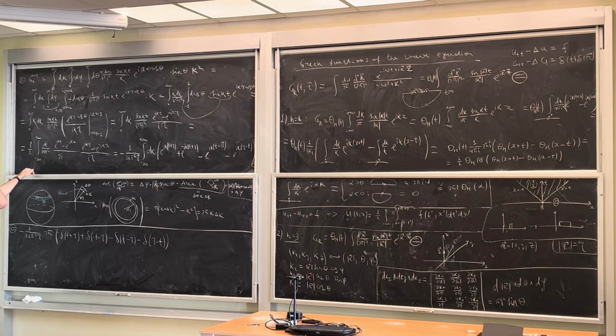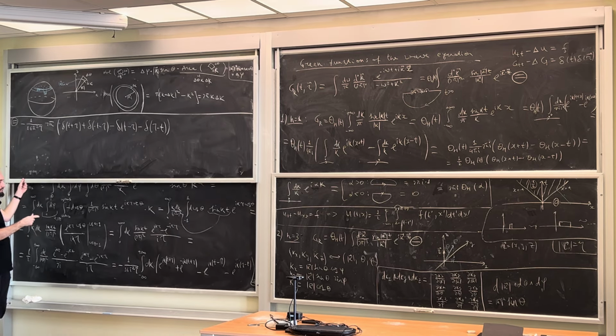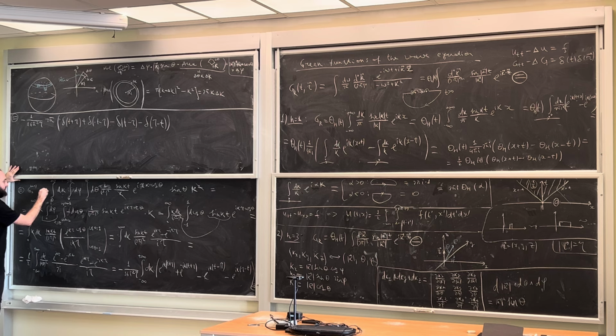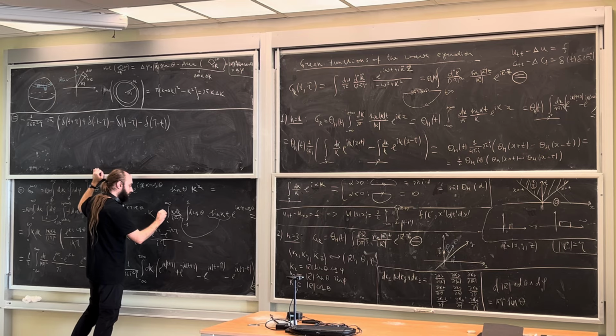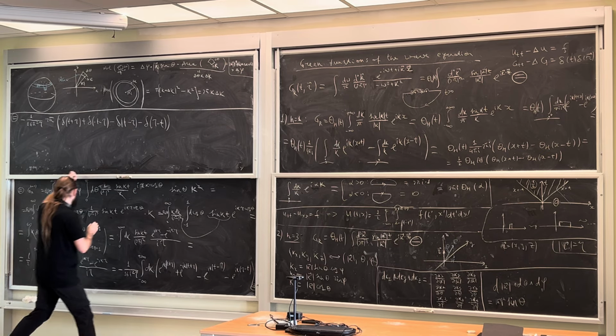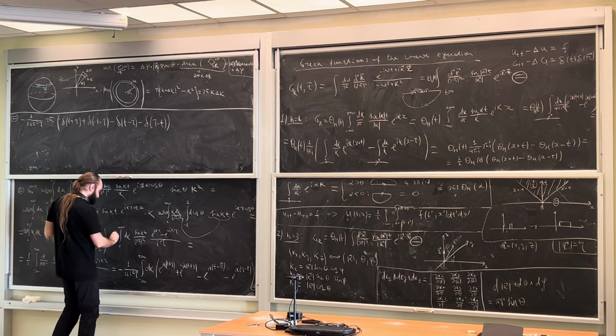There was also a Heaviside theta prefactor in front of all this, which I missed at some point. Sorry. So also here, it's non-zero only for positive times.